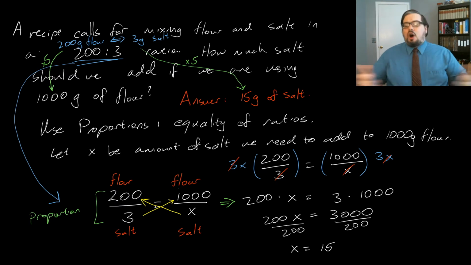So really all of these concepts, ratios and proportions, are just following the same rules that we have for fractions. And so this is how we can use fractions and proportions in order to solve these kinds of problems involving ratios.